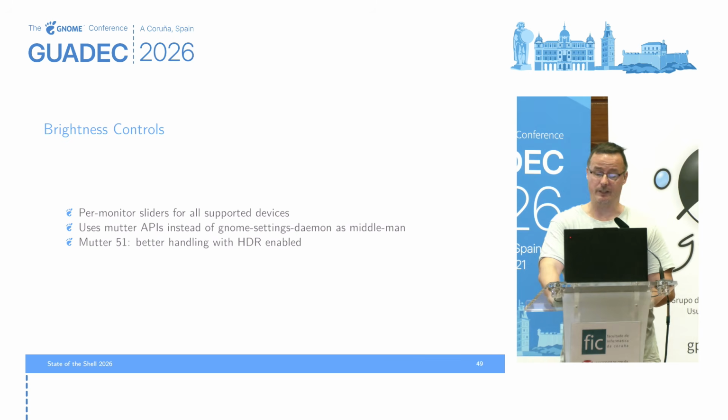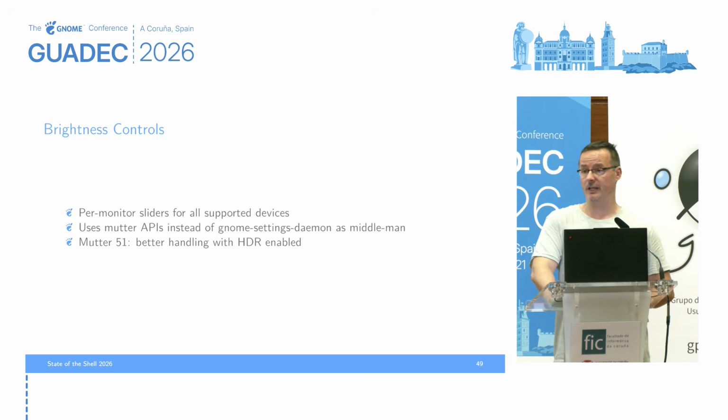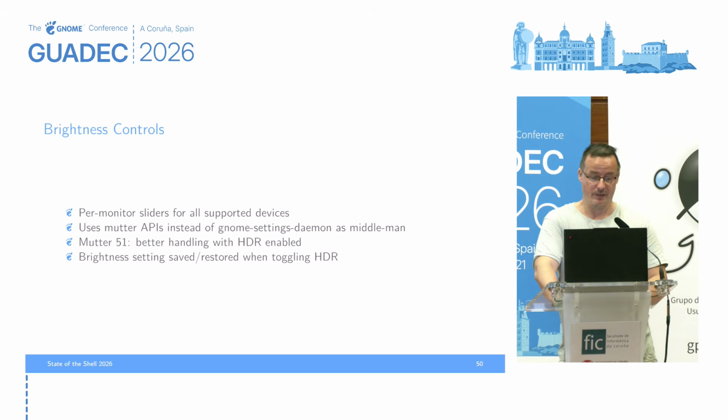For instance, better handling of screen brightness when HDR is enabled, which has its separate brightness setting, which doesn't map directly to the underlying brightness of the hardware.